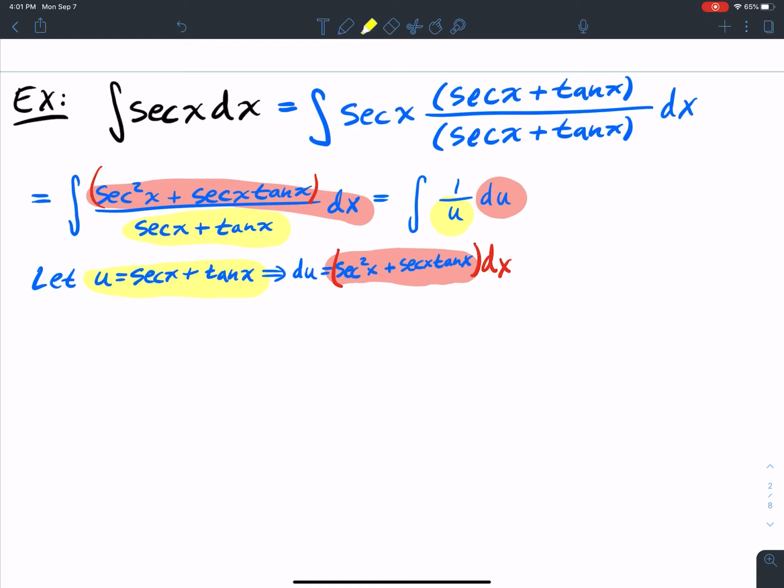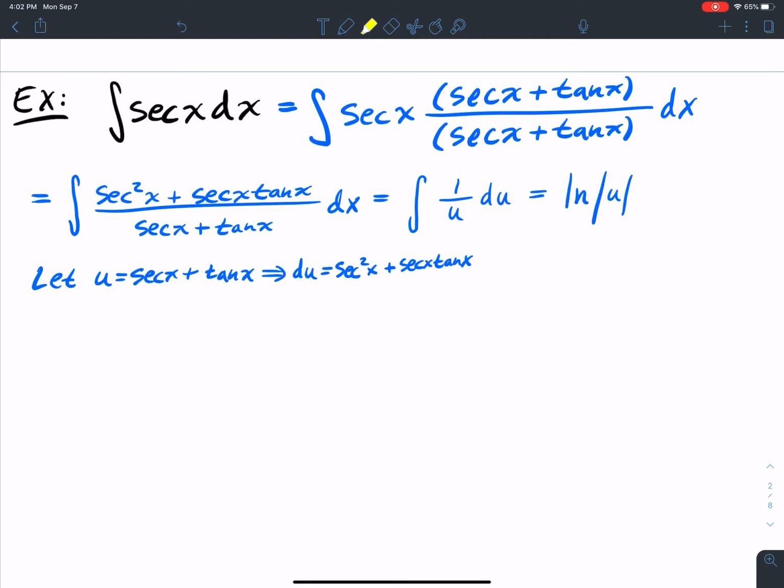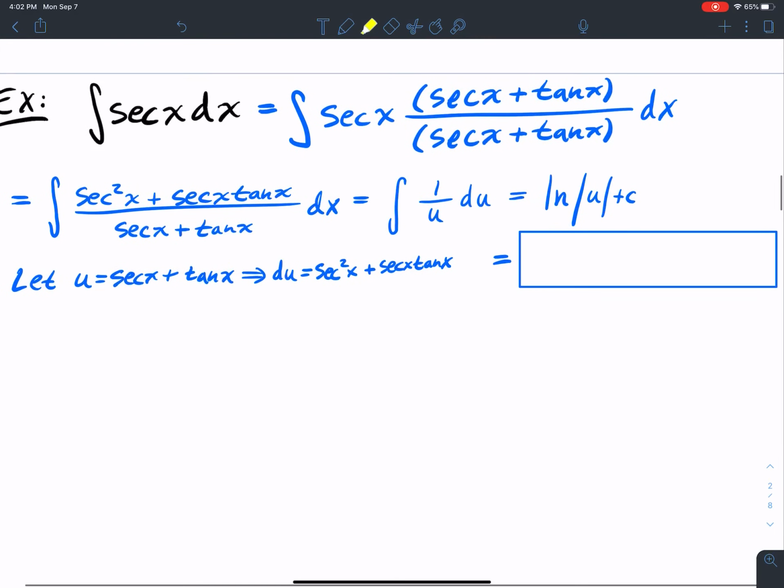And whenever I integrate this, I'm going to get ln absolute value of u plus c, but u happens to be secant x plus tangent x. So the integral of secant x is ln secant x plus tangent x.